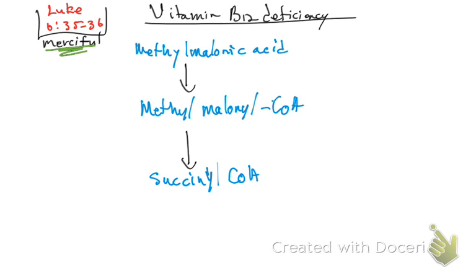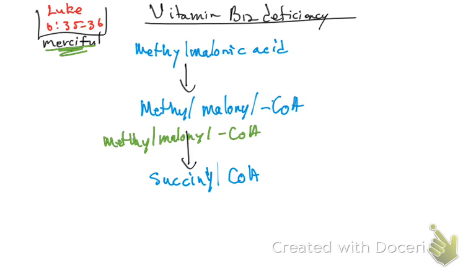Now you need an enzyme to convert this methylmalonyl CoA to succinyl CoA, and the enzyme is called methylmalonyl CoA mutase.